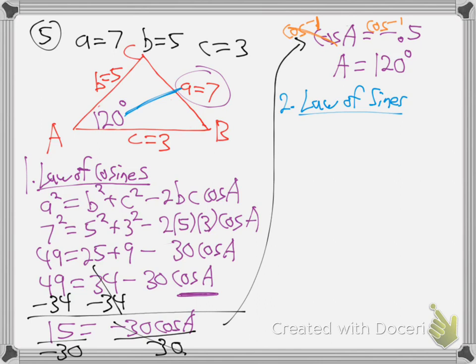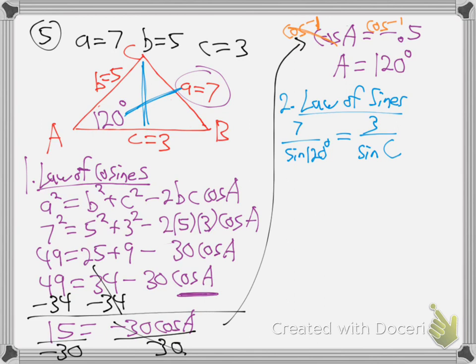So I'm going to go 7 over sine 120. I'll just do the smallest one because I'm in that habit. I'll do C with C. 3 over sine of angle C. But you could have done B over B. Doesn't matter because we've already done the biggest side. So it's not a problem. We know law of sines is not going to have a problem with either one.